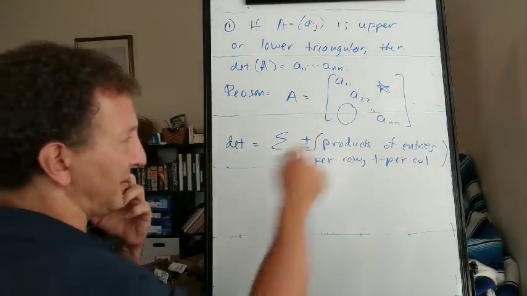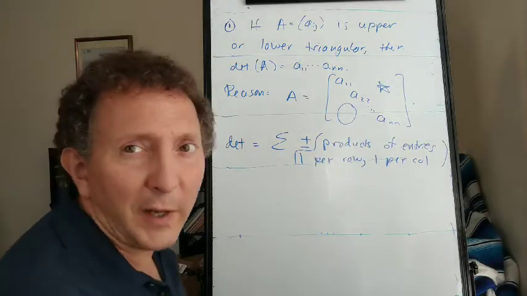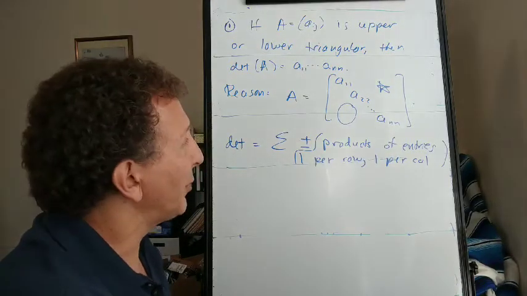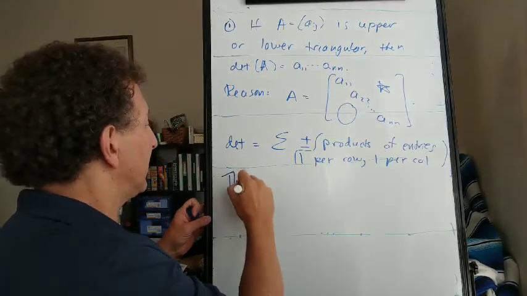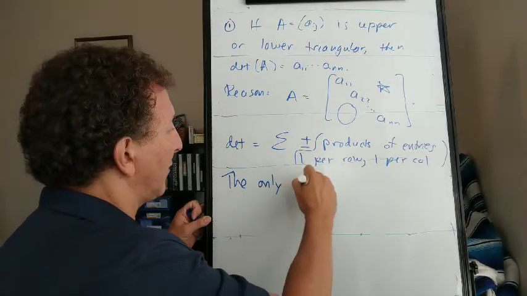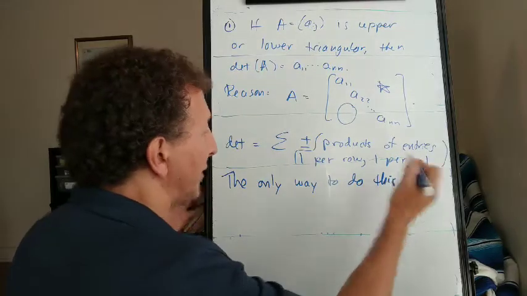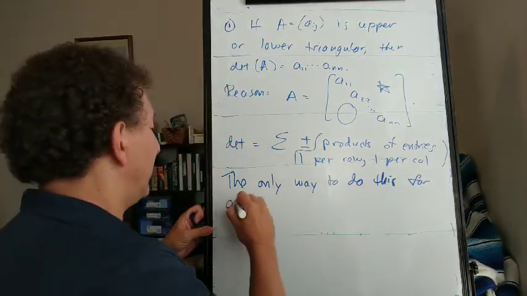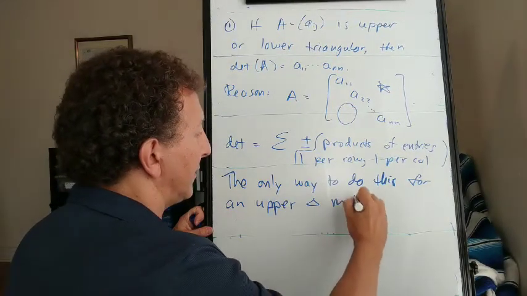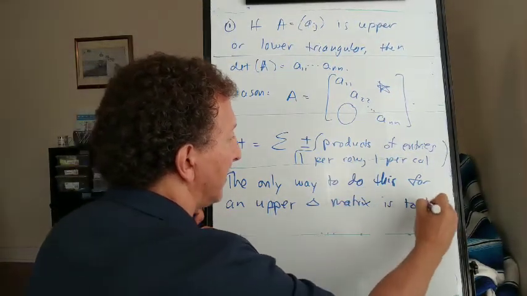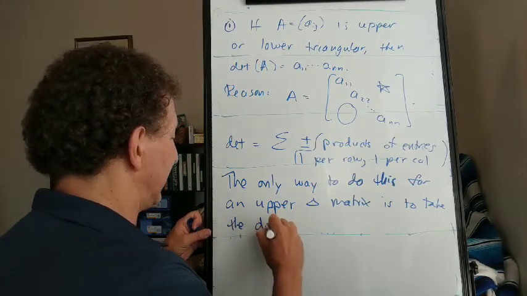So positive or negative that, a sum of these. Now in this case, the only way to choose a product of entries, one per row, one per column, is to choose the diagonal ones. So the only way to do this for an upper triangular matrix is to take the diagonal entries.